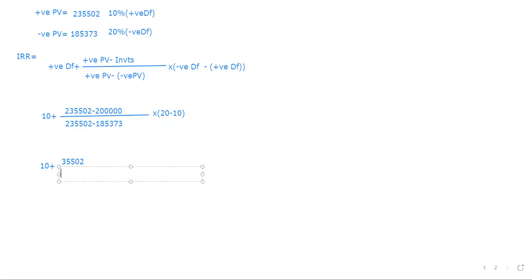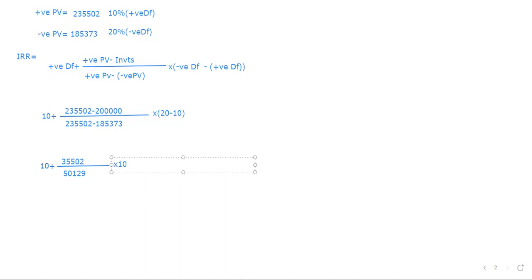That is 2,35,502 minus 185,373, which is equal to 50,129. So 50,129 is the answer. And into 10, because 20 minus 10 is equal to 10.